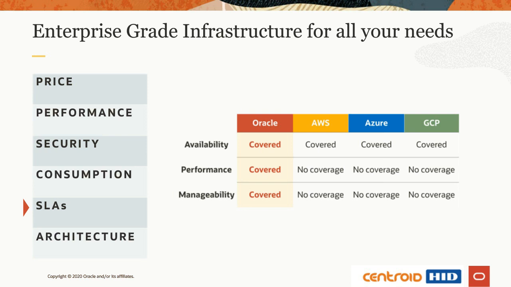Oracle offers guarantees around performance and manageability of your footprint as well. In other words, the ability to scale it up or down. And we guarantee that with service level agreements. And if there are violations, Oracle will give you service credit for performance as well as manageability SLA violations.